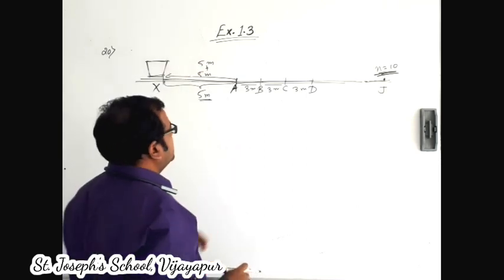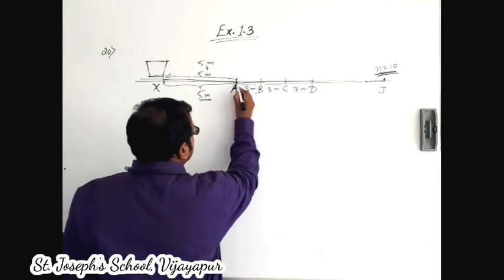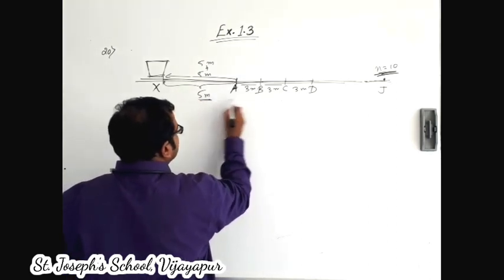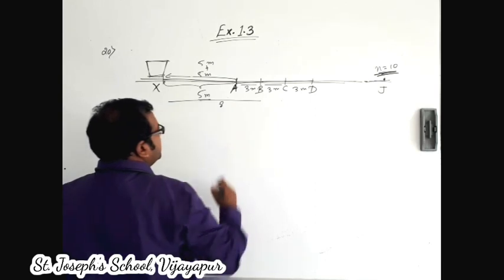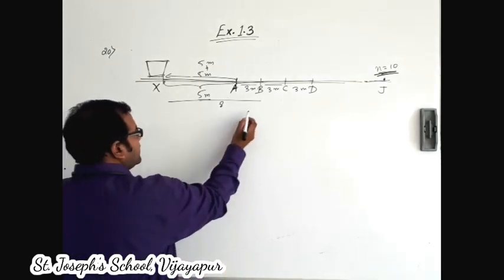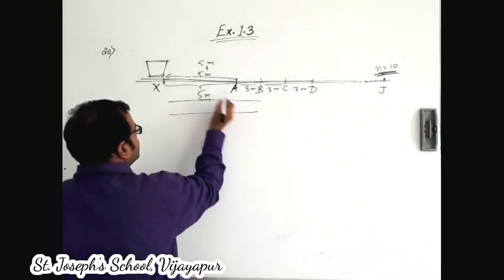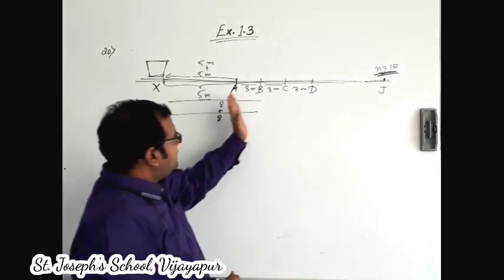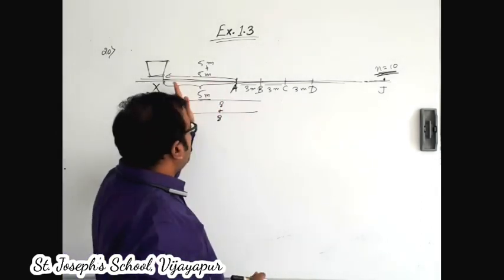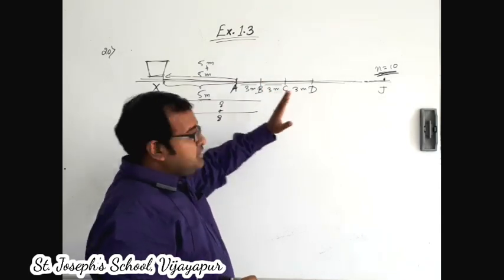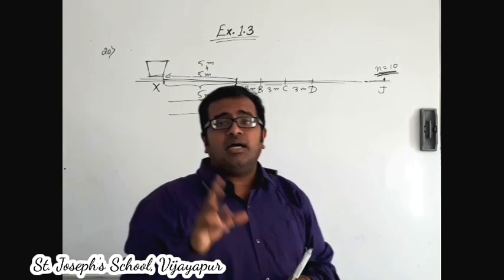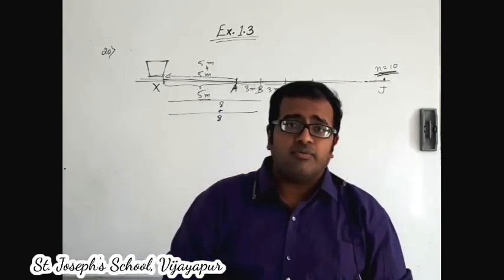Next, when the competitor runs from X to B, it will be 5 plus 3, so the distance will be 8. The competitor has to come back 8 meters to drop the potato, so it will be 8 plus 8. Every time this same thing happens: the competitor has to run back, meaning twice the actual distance.